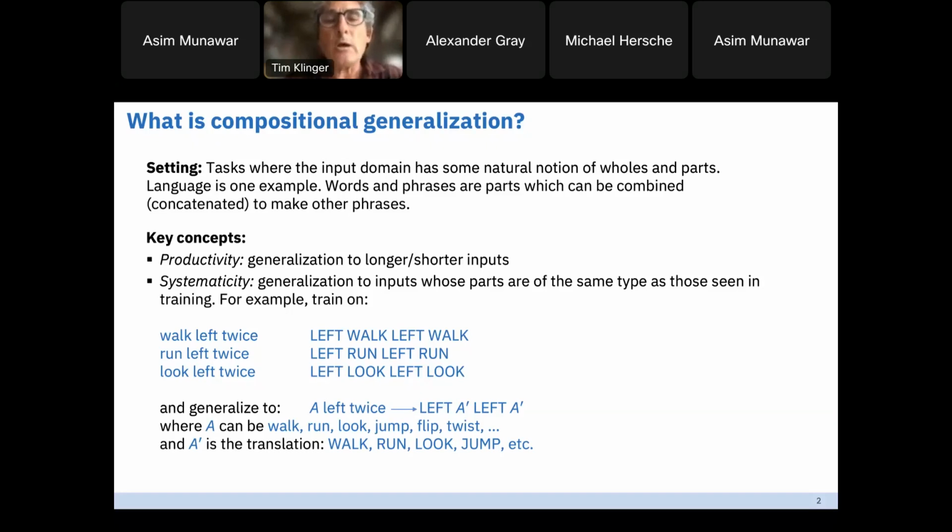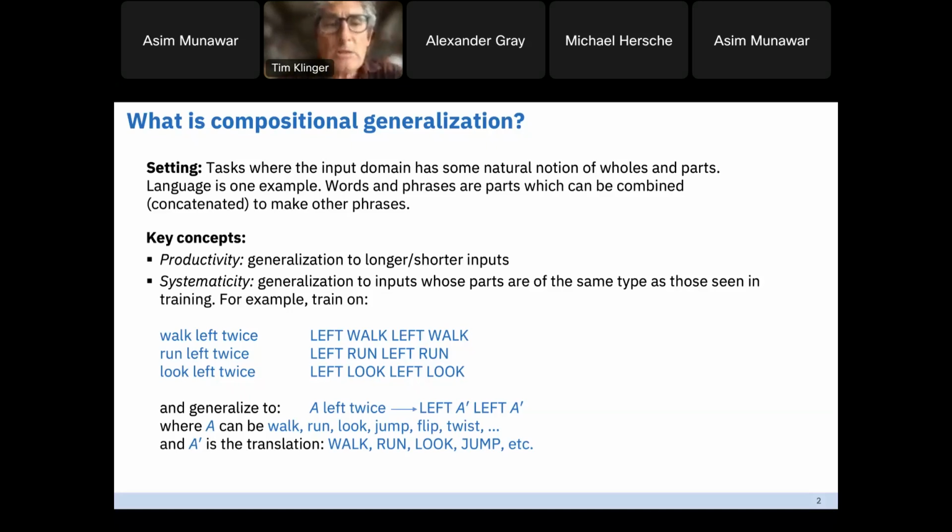In language, the words are the primitive constituents, and you can combine words into phrases, and you can combine phrases into larger phrases. So it's a natural domain in which you could talk about this. Another domain where you could talk about this is in understanding scenes, where you have objects and relations between them, and each object might be constituted by other objects. So that's the thing that you should think about when I'm talking. Those are the natural applications for this topic.